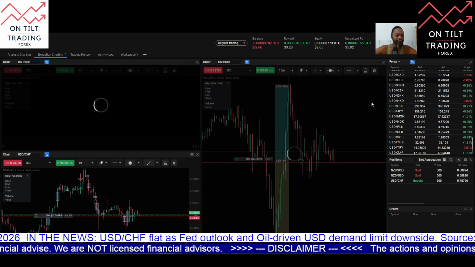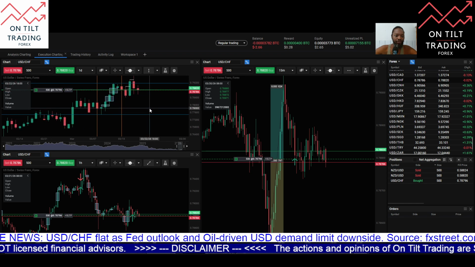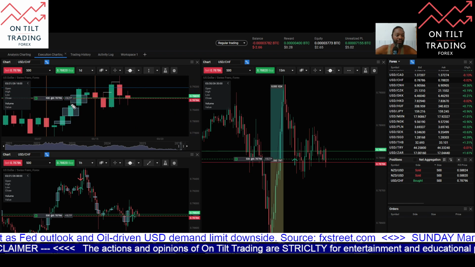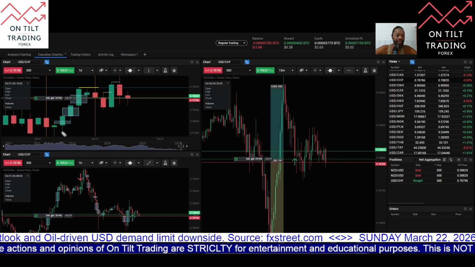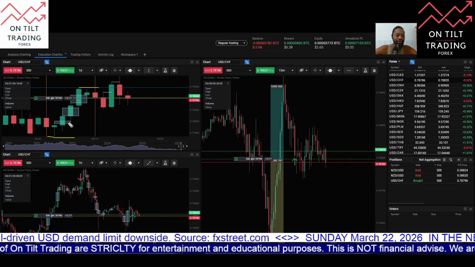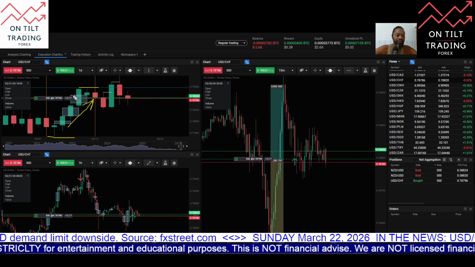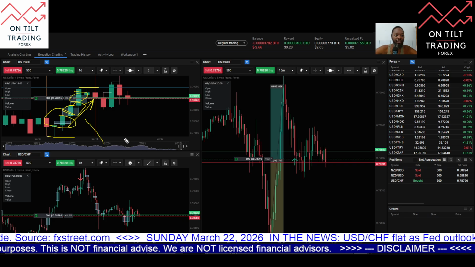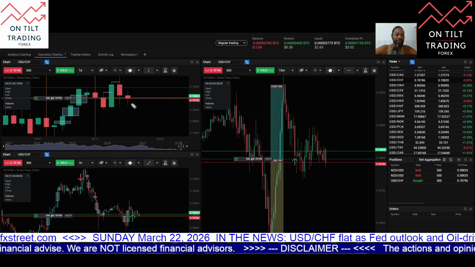Dollar Swiss. Okay, I'm currently long in dollar Swiss. If we look at the price action, this being the high of last week, the low being down here, we can see this buy side delivery, a series of bullish fair value gaps or buy side imbalance, sell side inefficiencies.